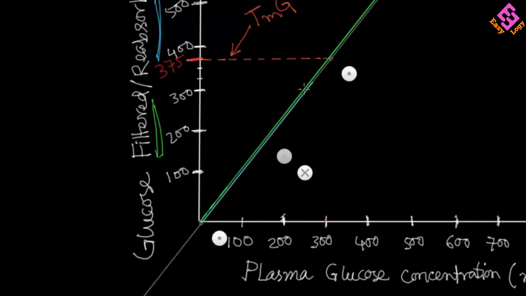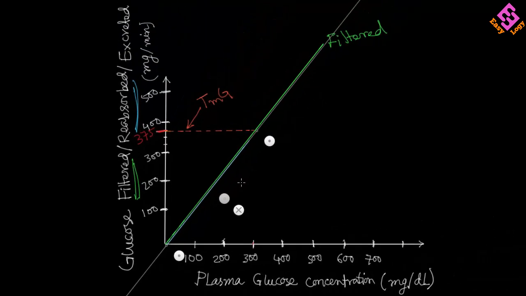Now, at higher plasma glucose level, suppose it has reached around 300 milligram per deciliter.